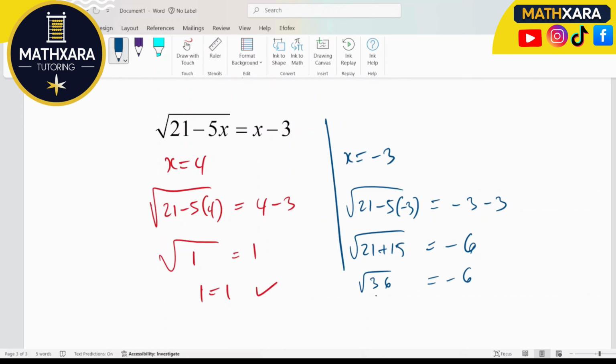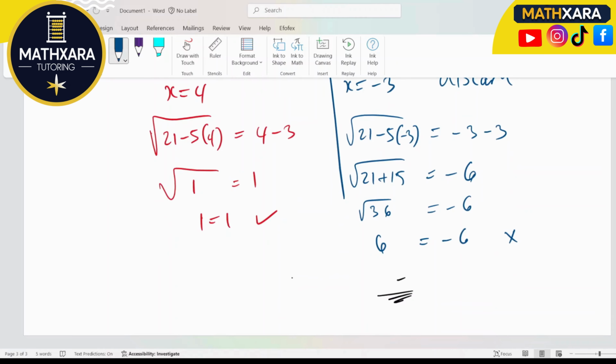Now the square root of 36 is positive 6. And we know that positive 6 is not equal to negative 6, which means we need to discard this solution, which means our only solution is x equals 4.